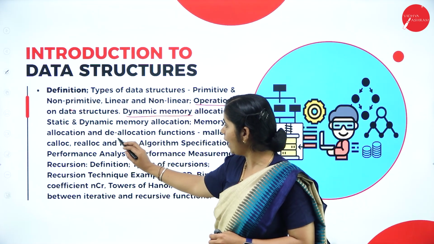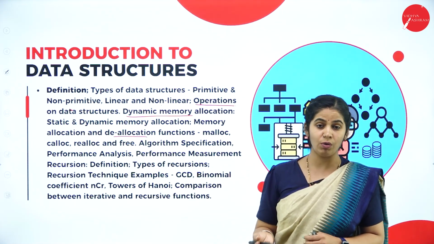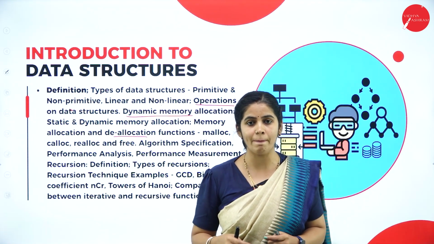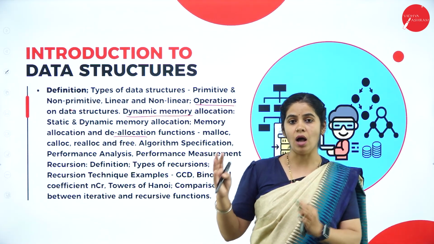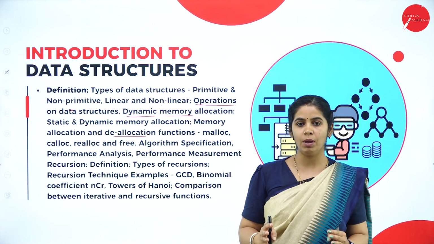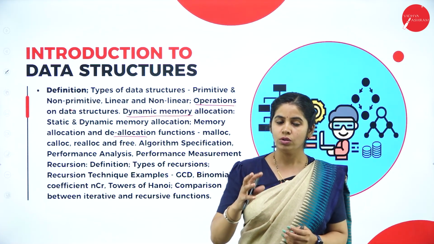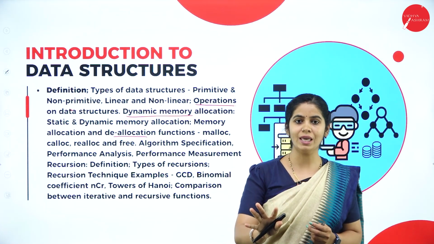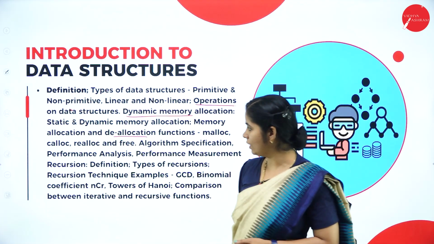Once we have allocated the memory, we have to deallocate it. Why? Because the main memory is very short. You have a large amount of secondary storage, but the main memory, random access memory, is very small. So once we have used it, we have to give it back. That is the concept of deallocation.